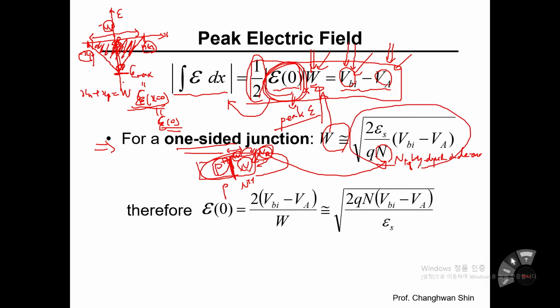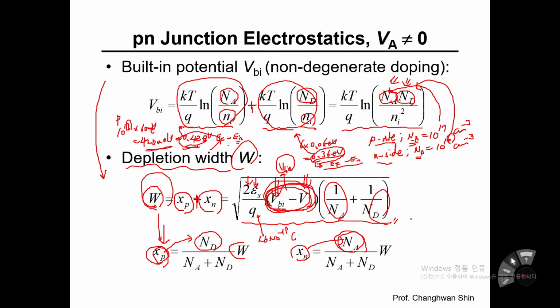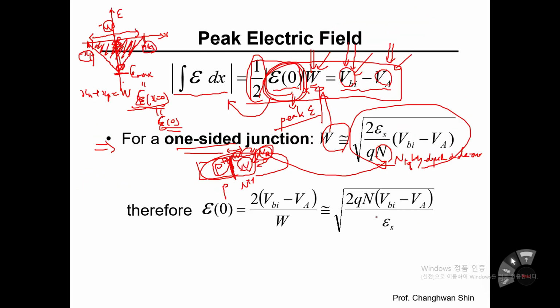But if you're confused with two different equations, one for the one-sided junction diode and the other for the regular PN junction diode, then just always use the depletion layer width equation for the regular one, and that is still valid for the one-sided PN diode. So by estimating the depletion layer width, you're gonna get the peak electric field. Okay. And then you're gonna end up with this equation.